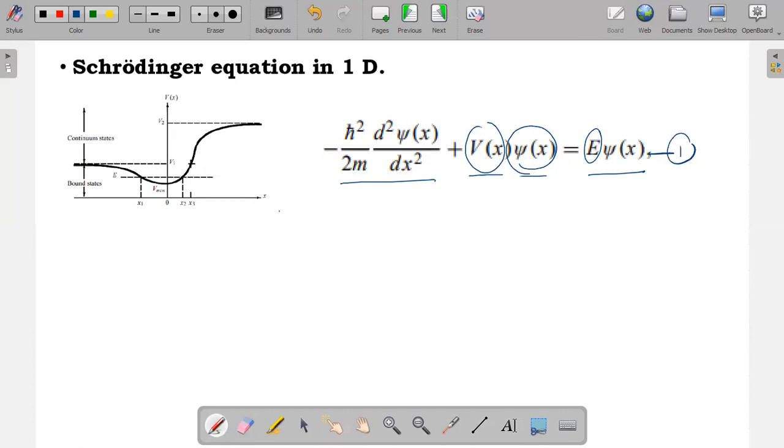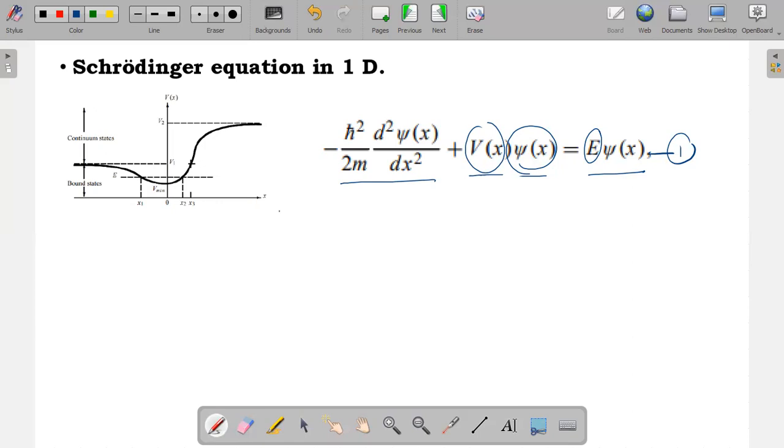Now, you can see that based on this condition, we can explain the graphical behavior of the potential at different positions. From equation 1 we can say that E is the total energy of the system.